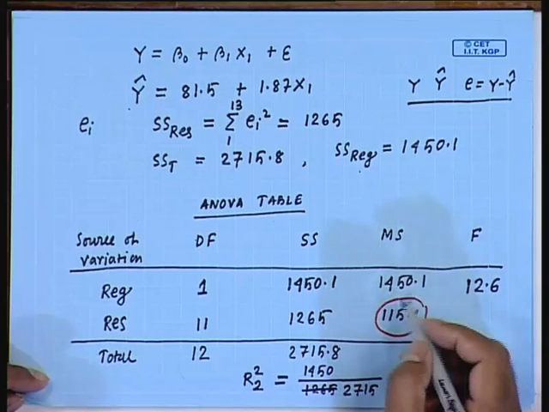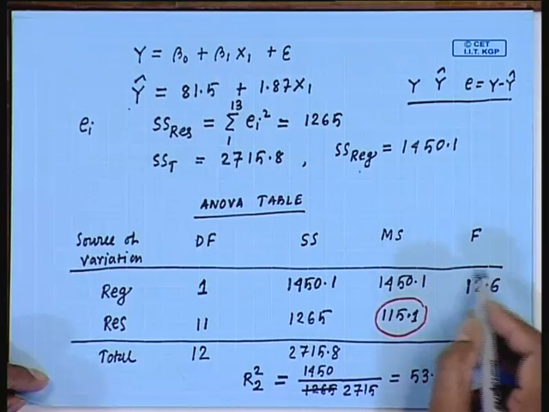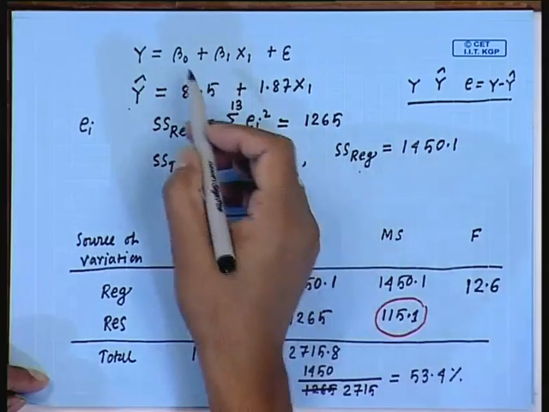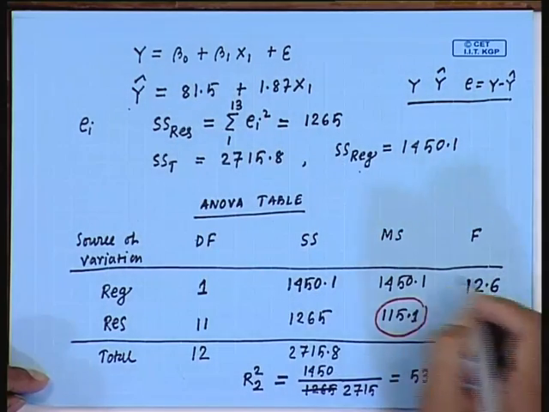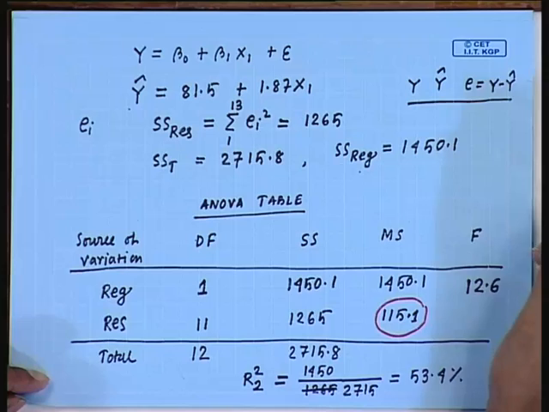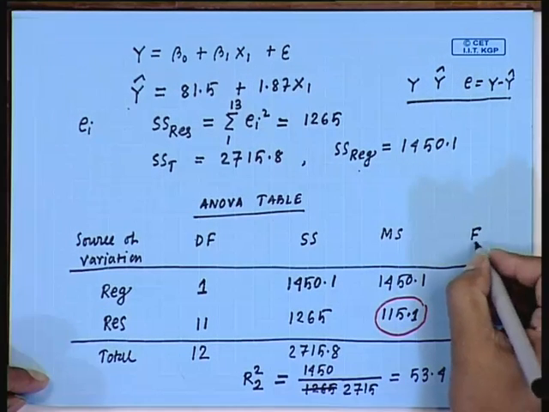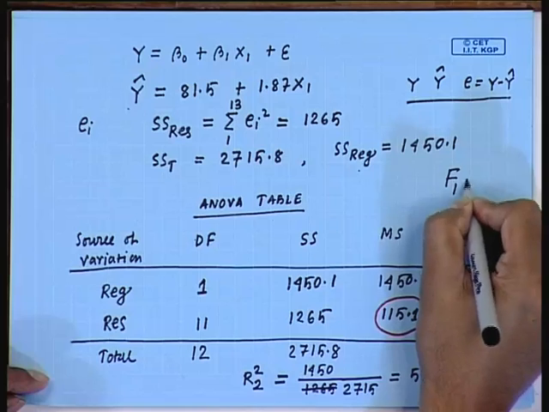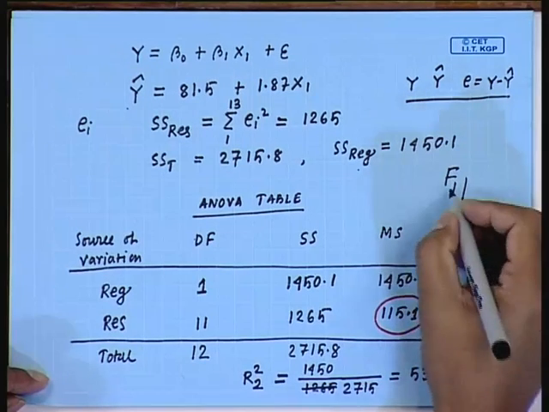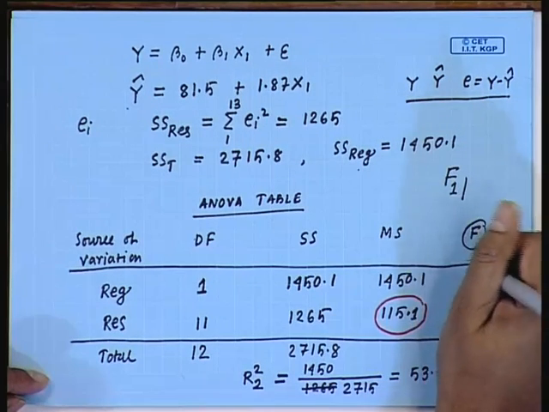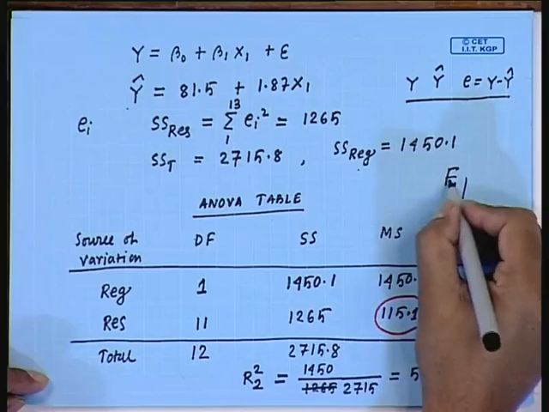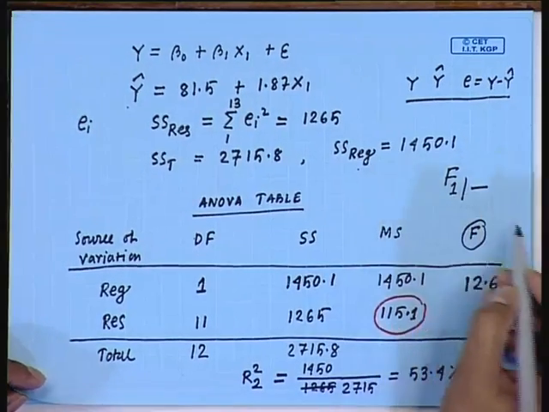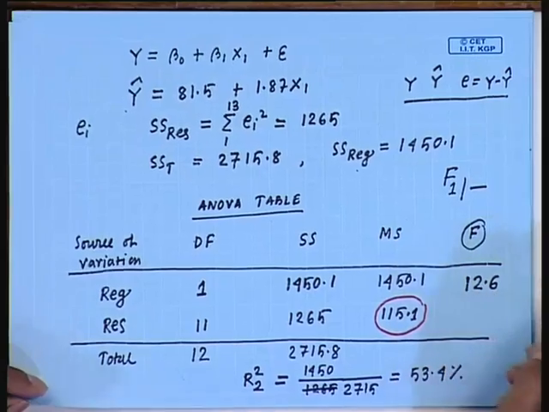This is how you find the F statistic value for this model. In the forward selection algorithm, we denote this F by F1 in the presence of no other regressor, and we call it partial F. This is basically the global F, but we call it F1 in the presence of no other regressor in the model. So, the F1 value is 12.6.